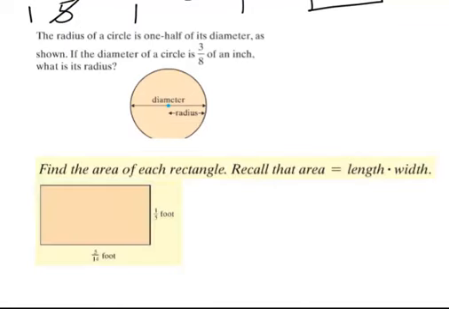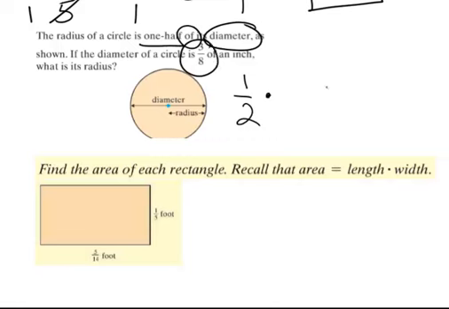All right. For the next problem that I have here, it says the radius of a circle is 1/2 of its diameter. If the diameter of a circle is 3/8 of an inch, what is the radius? Okay, so it's just like we've done before, 1/2. So I'm going to write down my fraction, 1/2 of. Of means to multiply. The diameter. It already tells me right here that the diameter is 3 over 8.